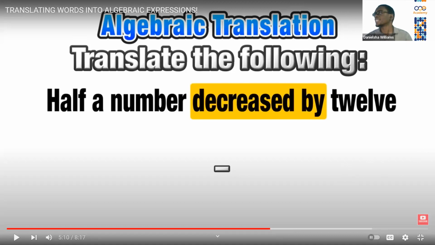That's also correct. So we're at this question now. Half a number decreased by 12. I'm still waiting on the answer from Harmony. Also, if anyone else wants to try it, Dante, Tino, you can also have a go as well.